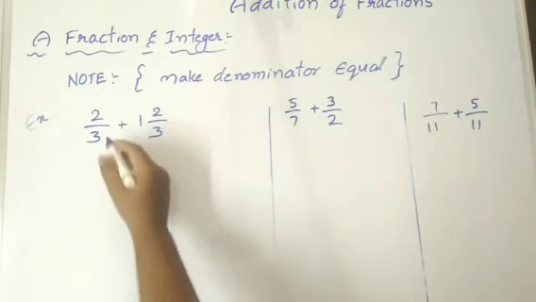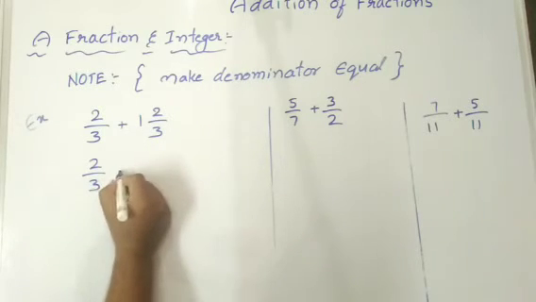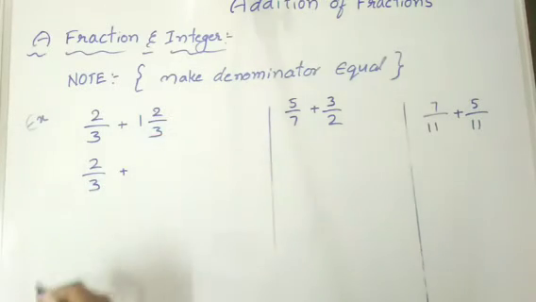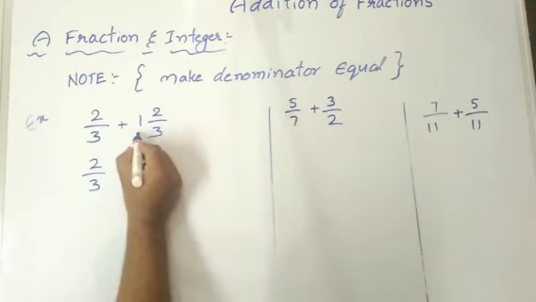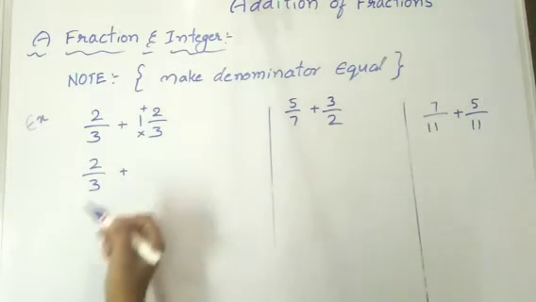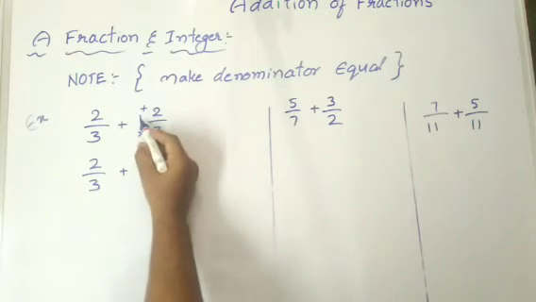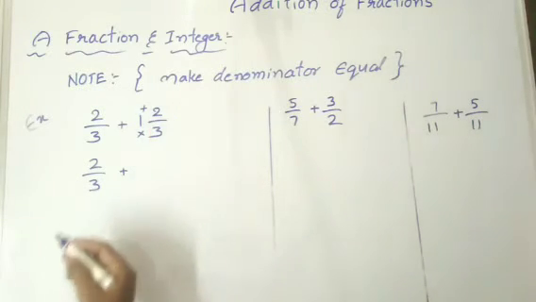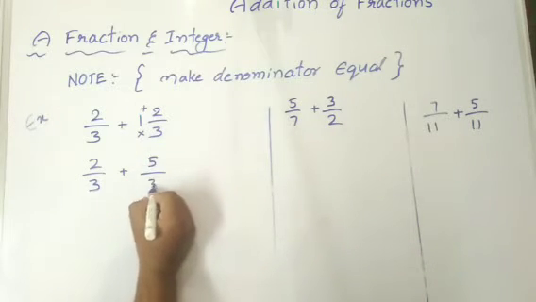Here, see, 2 by 3 and a mixed fraction. Everybody knows the conversion of a mixed fraction into an improper fraction: 3 into 1 is 3, 3 plus 2 is 5, and the denominator stays the same.